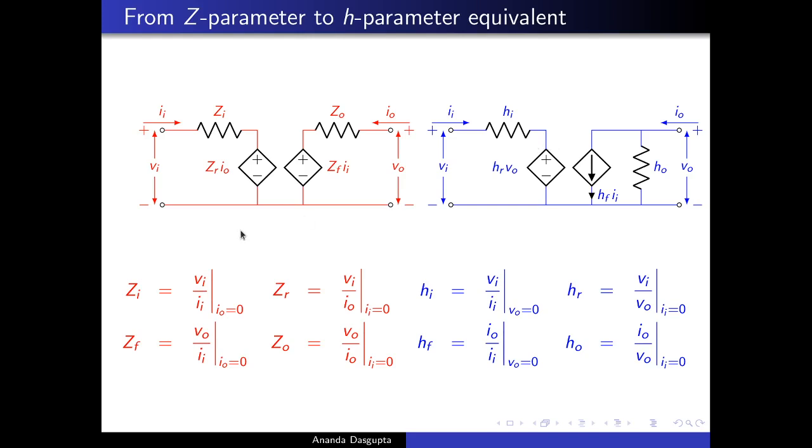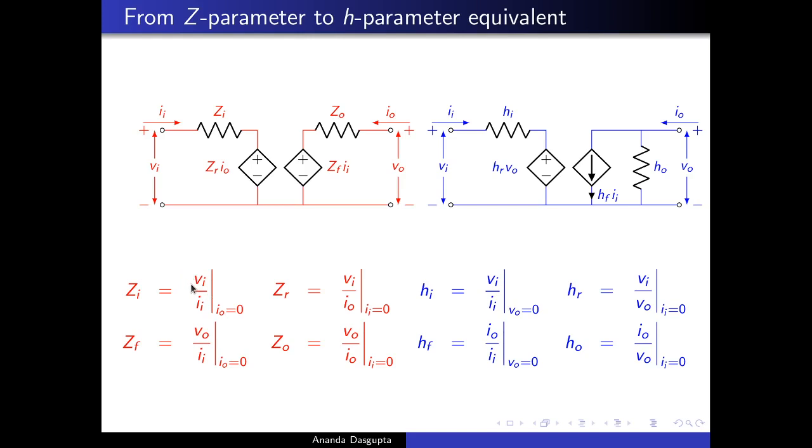And we had already derived these results before. For example, Zi is of course nothing but the input voltage Vi divided by II, provided this particular controlled voltage source is set to 0, which you can do by setting IO to 0. So what we say is Zi is the input impedance, input voltage by input current, under the condition of the output being open, IO equals 0. Just to remind you once again, these are all fluctuations.